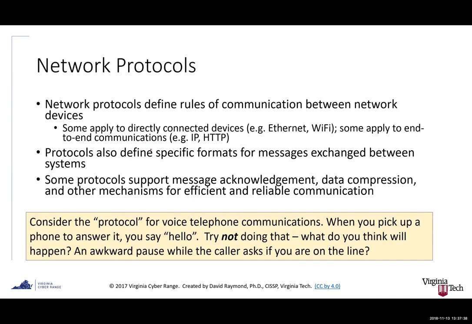So some protocols apply to directly connected devices, like Ethernet and Wi-Fi. When my computer is connected to Wi-Fi, that's the direct connection to the wireless access point. If my computer is connected via Ethernet, it's going to be connected to a switch in the same room or another room, but it's a wire that goes directly from my computer to that switch, and so that's a direct network connection.